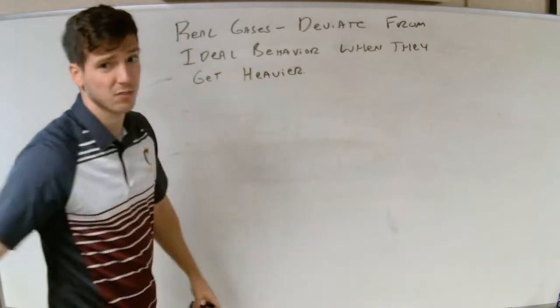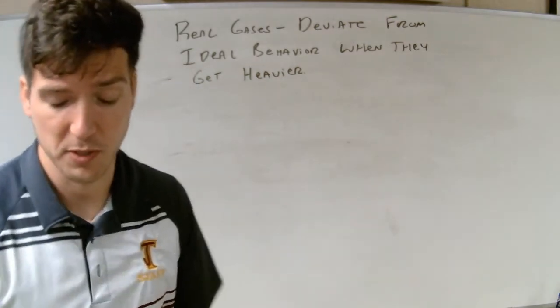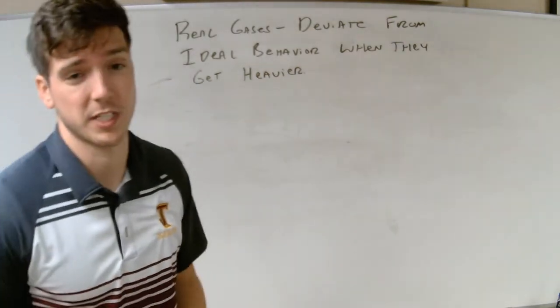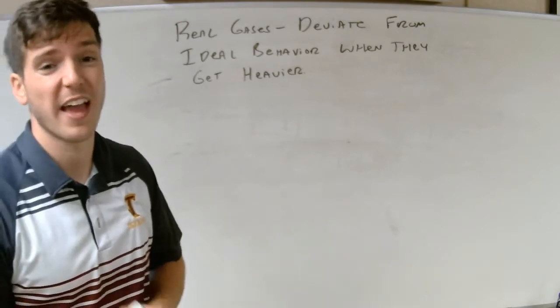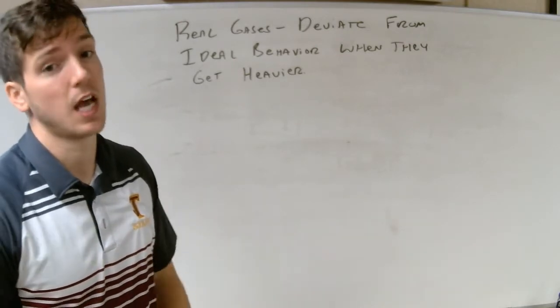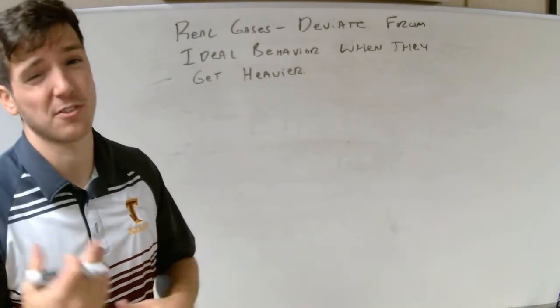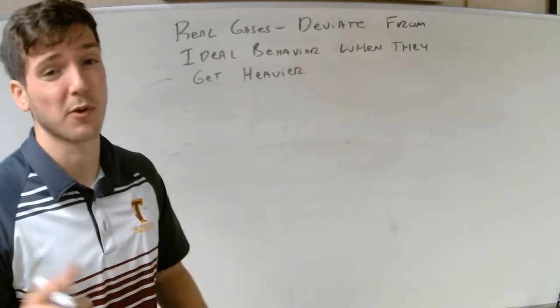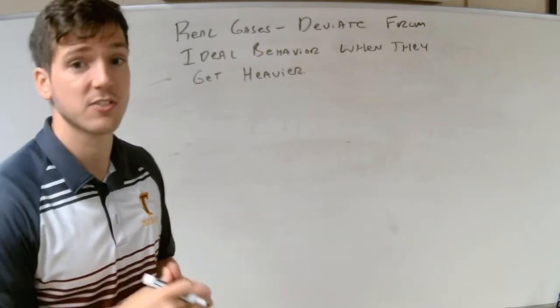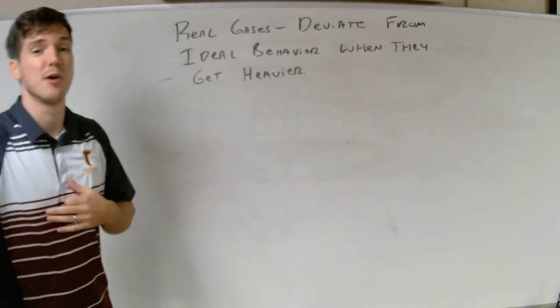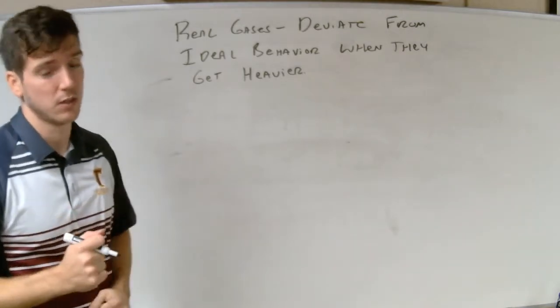That makes sense, right? Ideal gases are supposed to be small, quick moving, don't condense with one another. Well, the heavier we get, the less ideal we get. The more they're going to slow down, the more they're going to stick together, the more they're going to be attracted to one another. Okay, so the heavier we get, the most deviation from ideal we get.